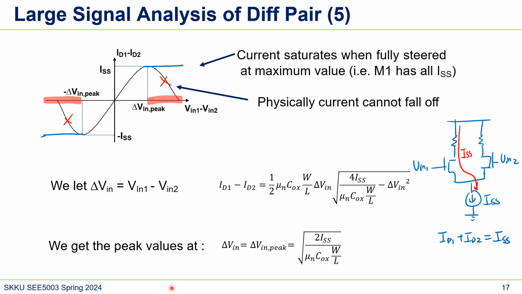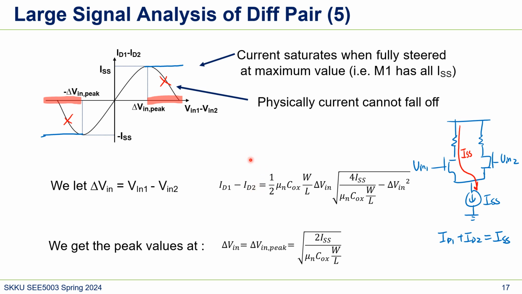We got an equation in the previous slide, right? Why can this equation not predict this part? Because the assumption of this equation is that M1 and M2 are in saturation. But after this happens, here M2 is not in saturation anymore, and here M1 is not in saturation anymore.